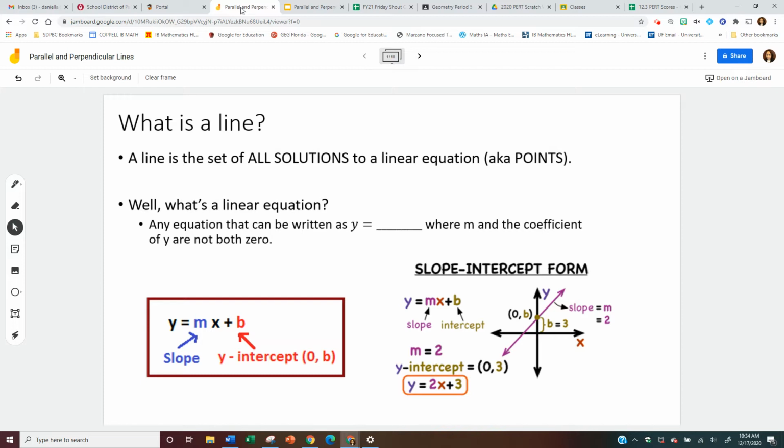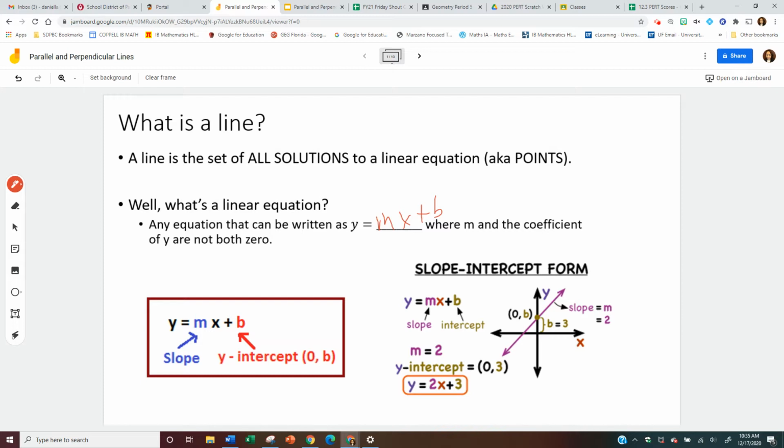A line is the set of all solutions, meaning points of a linear equation. So it's infinitely many solutions to a linear equation. And you know linear equations. Linear equations are any equation that can be written as y equals mx plus b, where m and the coefficient of y are not both 0.